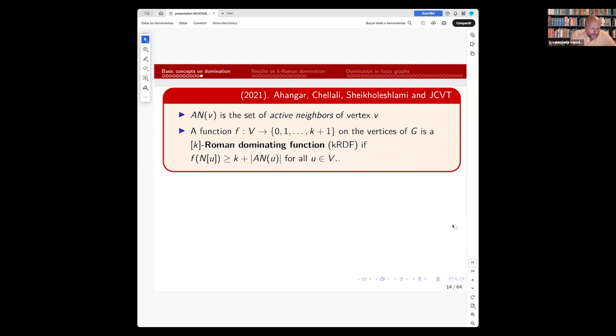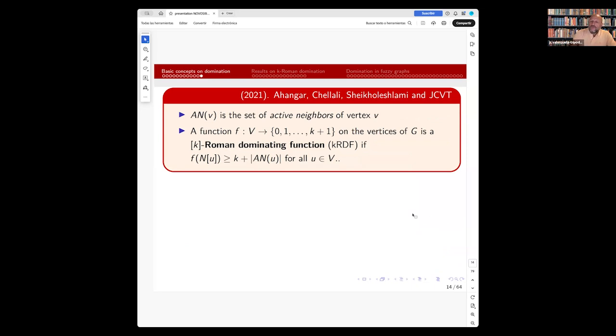Some years ago, Ahangar et al. generalized this concept to k-Roman dominating functions, in which the idea is that from the closed neighborhood of an undefended vertex, you can send k units to defend any undefended place.